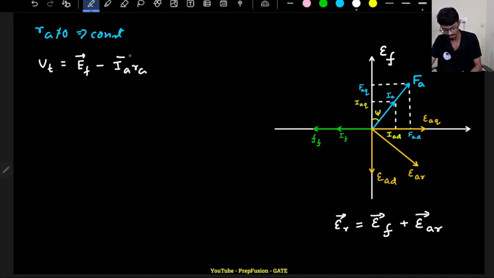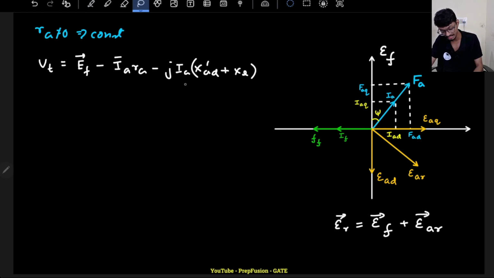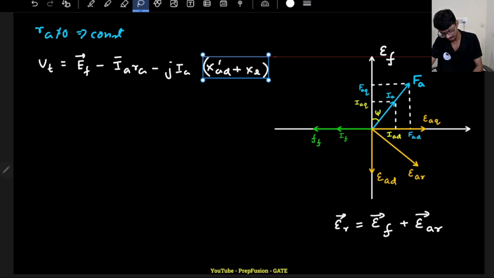Armature resistance is constant, minus J into IA into XAD dash plus X leakage, this I have to consider, right? This is the direct axis, so this will not be just IA, this will be IAD. Only the direct axis current will be multiplied with the reactance, XAD into IAD.